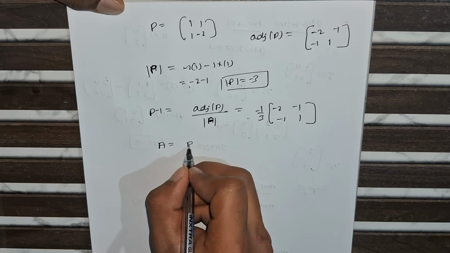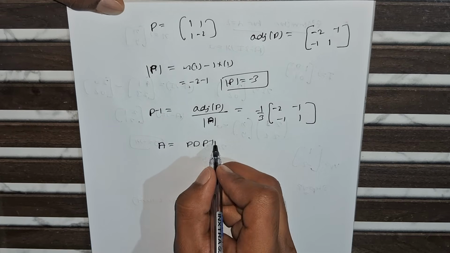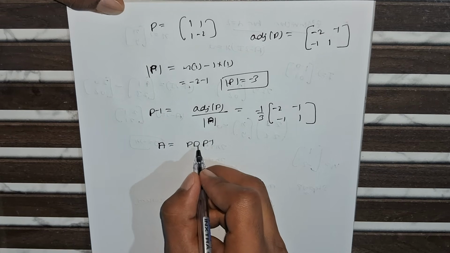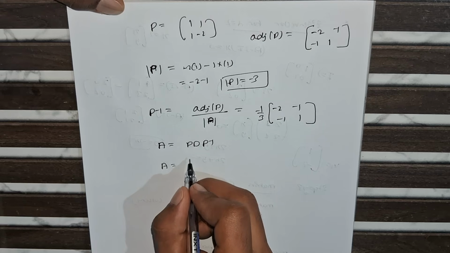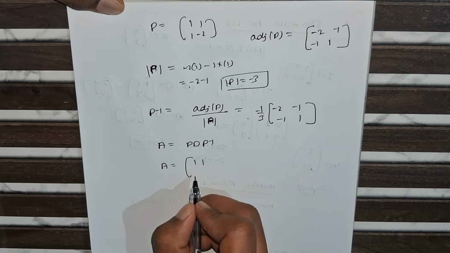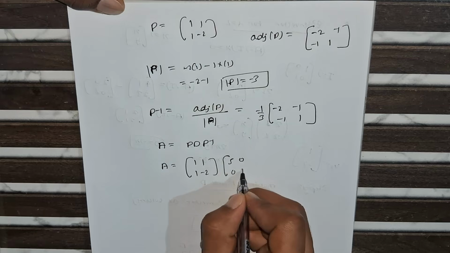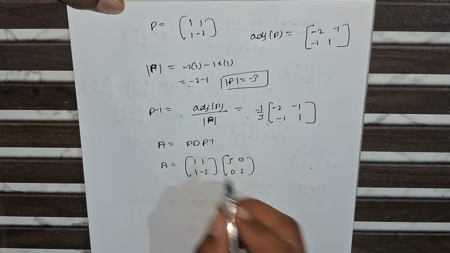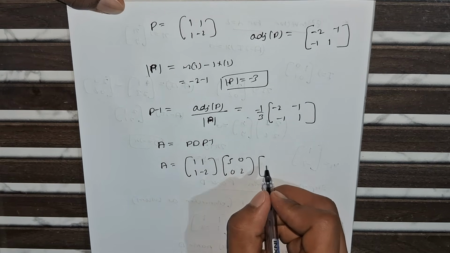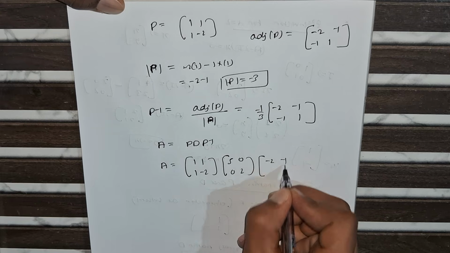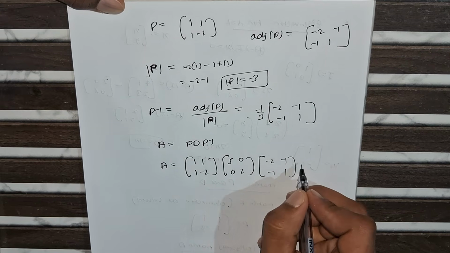A equals P into D into P inverse. We already got P inverse, P we already have, and D we already found. So A equals P, which is 1 1 1 minus 2, D which is 5 0 0 2, and P inverse which is minus 2 minus 1 minus 1 1, multiplied by 1 by minus 3.